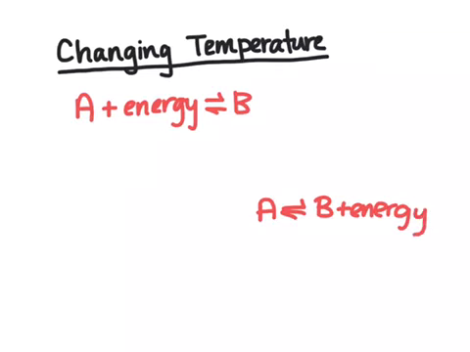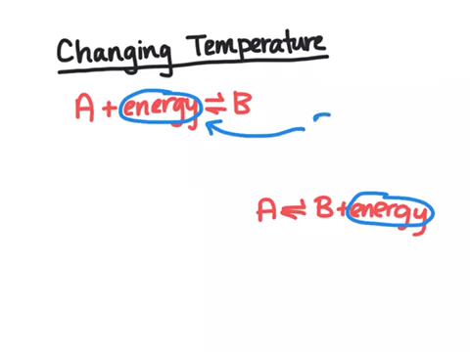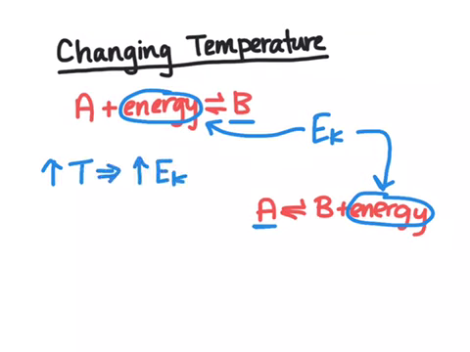In either case, when we have energy as a term in our reaction, that energy is kinetic in nature. So that is excess kinetic energy. That is balanced out by potential energy stored in bonds. So if we increase the temperature of a reaction, what we're really doing is increasing the kinetic energy. And our reaction will shift away from the energy term.